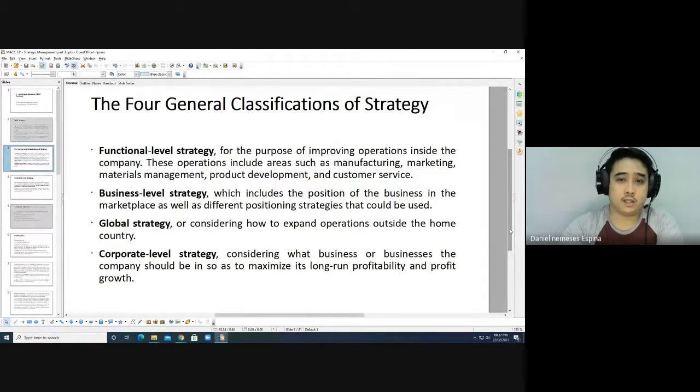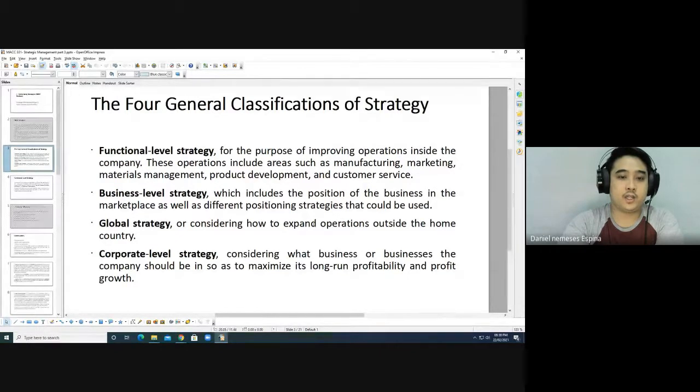Then the second classification is the business level strategy. So this is more on the external. Okay, so it's how you position the business in the market. So how would the market classify you or classify the products and services produced by the company?